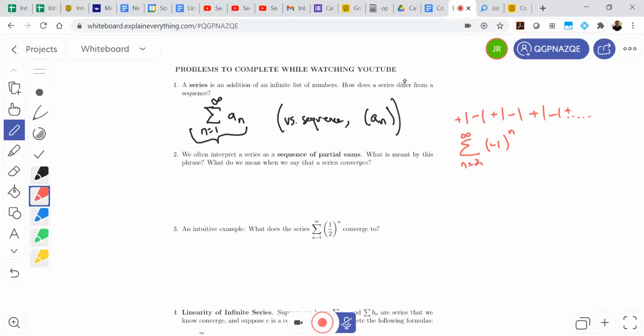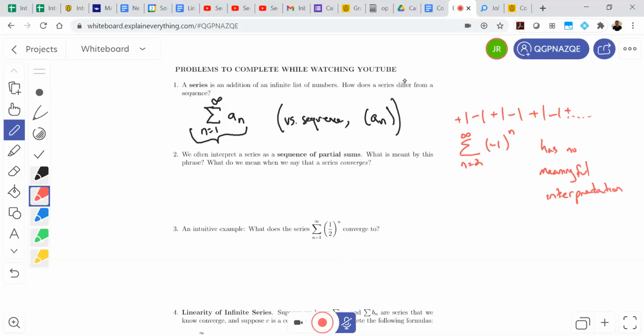So that's just alternating +1, -1, +1, -1. It's a sequence that makes sense, but when we turn this into a series and add these all up, we saw that this has no answer, or no meaningful interpretation. The reason was that this series didn't actually converge to anything.